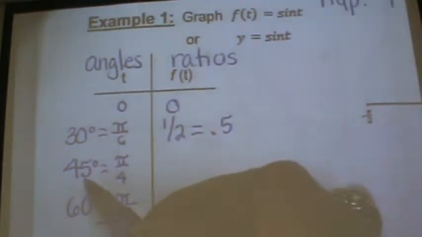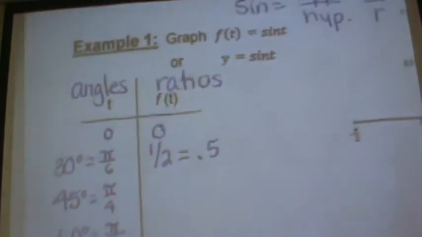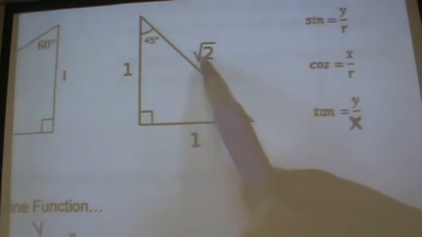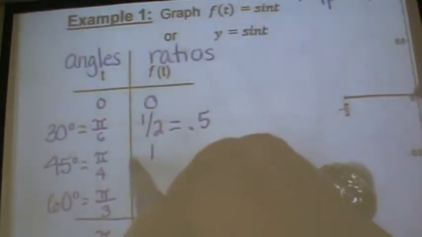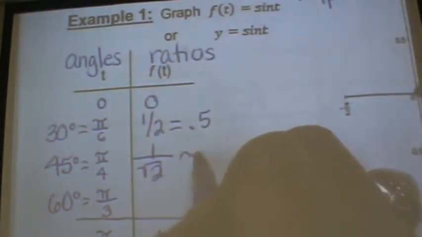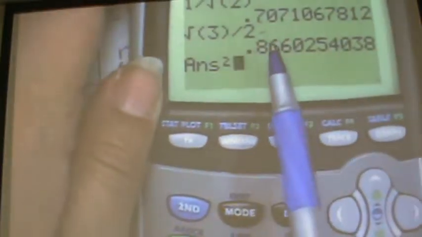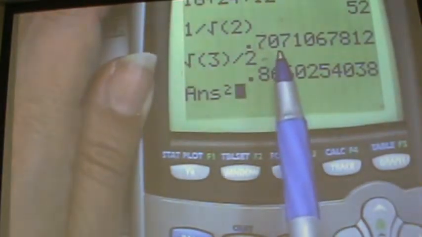Look at the comparison if you had a 45, 45, 90 triangle, which is right here. What is the opposite over hypotenuse? It's 1 over root 2. Now, if you were to convert this 1 over root 2 into a decimal, it's approximately 0.707.